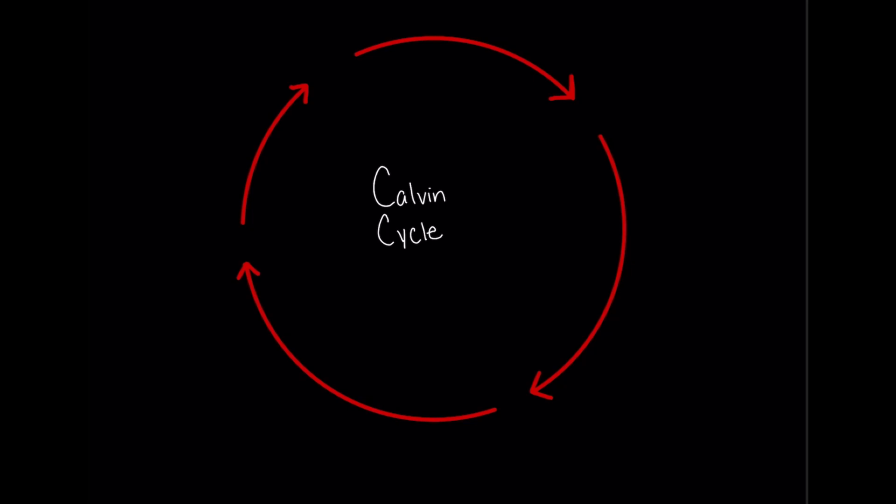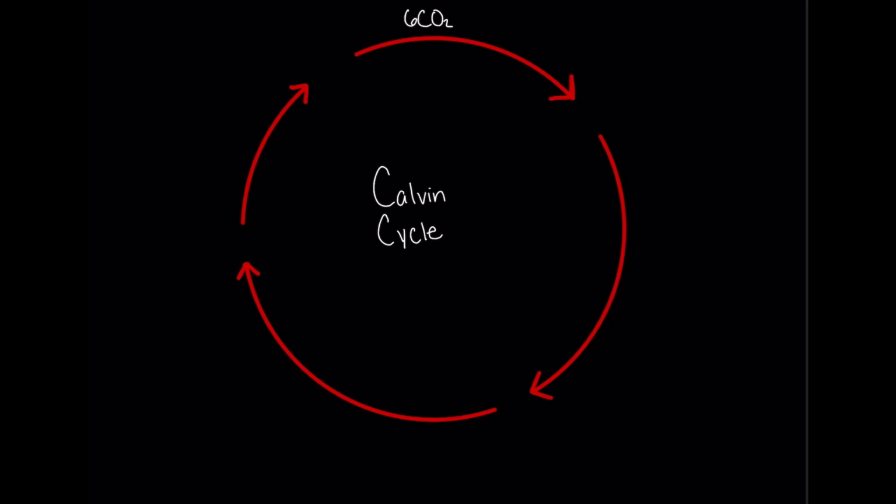All right. So now we start off with six carbon dioxide, which integrate into the Calvin cycle. And as you can see with the cycle with arrows, it is never ending and it's always repeating and continually going on in the cells. So these six carbon dioxide combine with six carbon compounds, which are actually the last step.